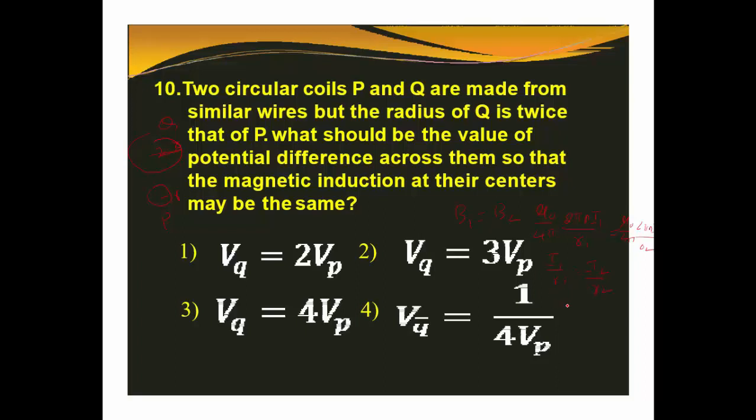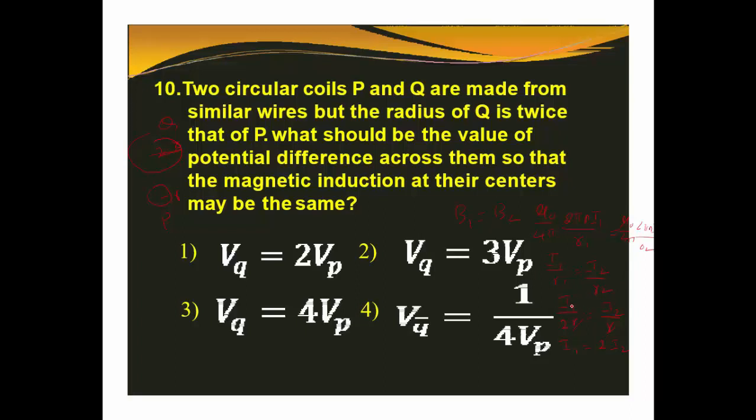Since Q has radius 2R, I1 by 2R equals I2 divided by R, so R cancels. So I1 equals 2I2. Here I1 and R1 indicate Q, and I2 and R2 indicate P.